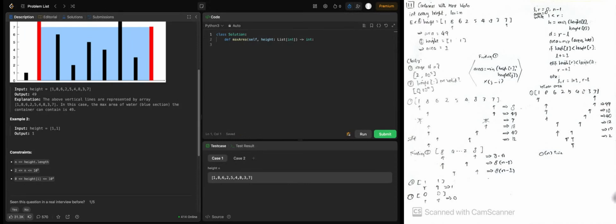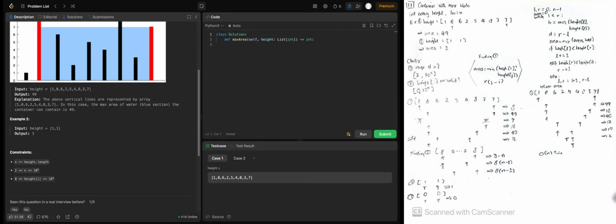So here we are given that n is between 2 and 10 to the power of 5, and then are they always valid? Valid. Then it says the heights could be between 0 and 10 to the power of 4. Okay.